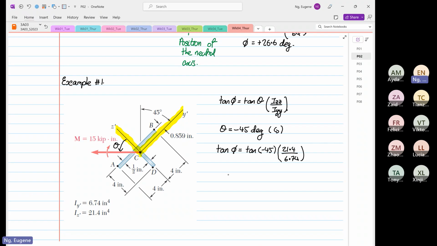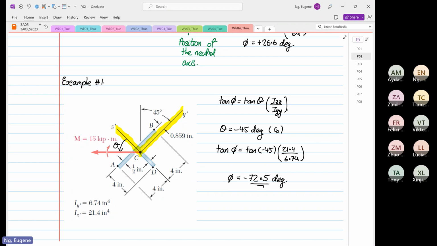Right? So phi is equal to tangent of minus 45 times 21.4 divided by 6.74, inverse tangent. So it's equal to minus 72.5 degrees. Okay. So what does it mean by minus 72? Let me calculate again.